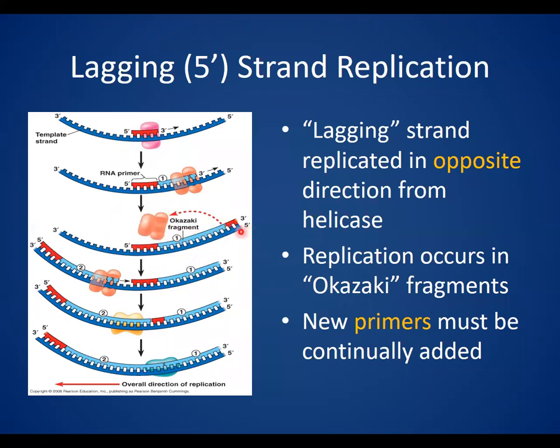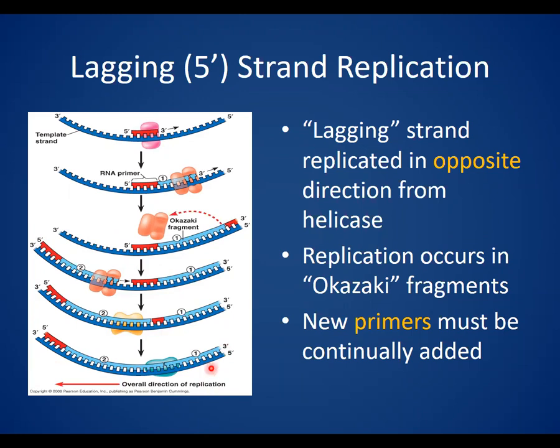Once one fragment has been replicated, the helicase has moved off, and now another region of single-stranded DNA is exposed. So another molecule of DNA polymerase comes on and makes a new Okazaki fragment until it hits the previous one and falls off. And this continues overall from right to left.